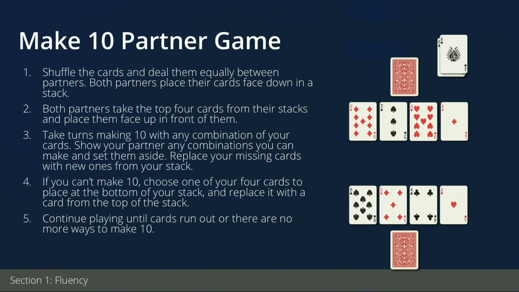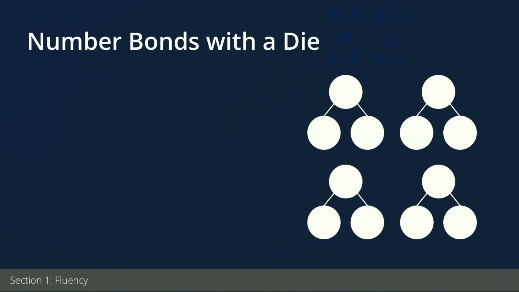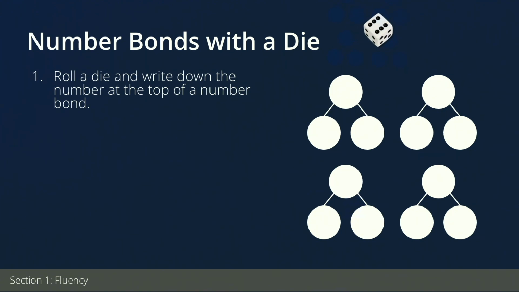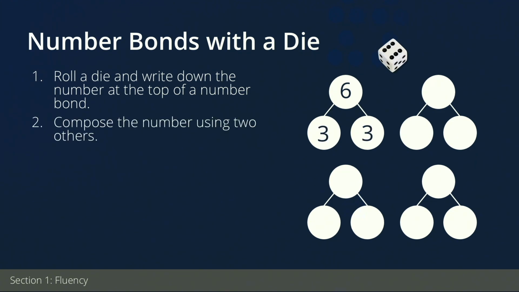Another activity that students might want to use to practice fluency with composing is using these number bonds with a die. Here I can roll a die and write down the number at the top of this number bond. And then I can think to myself, well, what are the ways that I can make 6? Here I could compose 6 by 3 and 3. 3 and 3 equals 6.